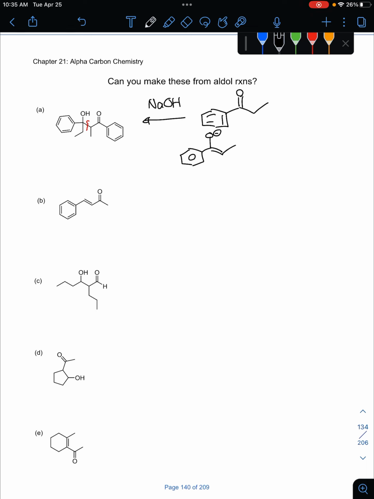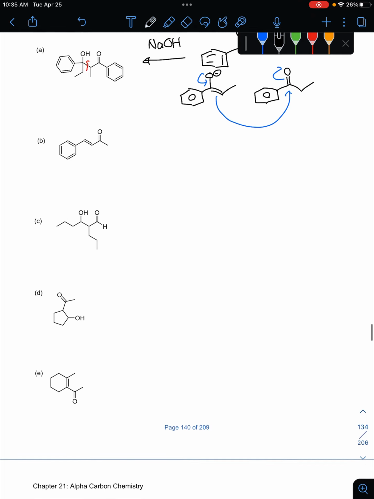Let's say we'll just use sodium hydroxide, and that enolate would then attack the ketone of yet another molecule. And after the oxygen here picks up a proton from the solvent, that would be the product there. Okay, so that's the first one.